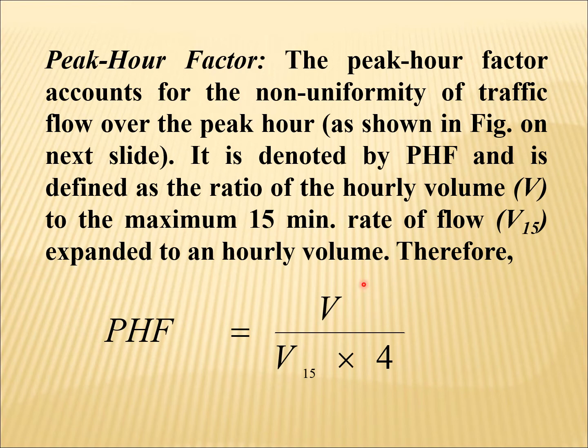So look at the formula. This is V, the hourly volume, and here this is V15, and it is being multiplied by 4. In this way we are expanding V15 to an hourly volume, because there are 60 minutes, so this is a 15-minute volume V15 and it is being multiplied by 4.